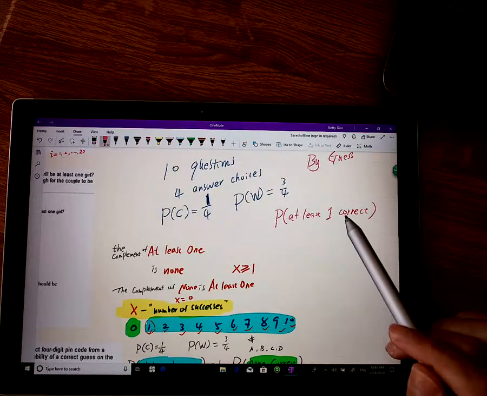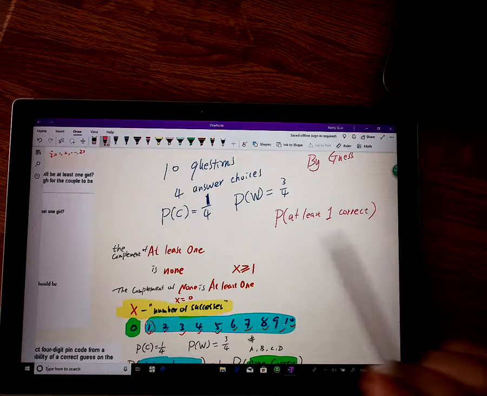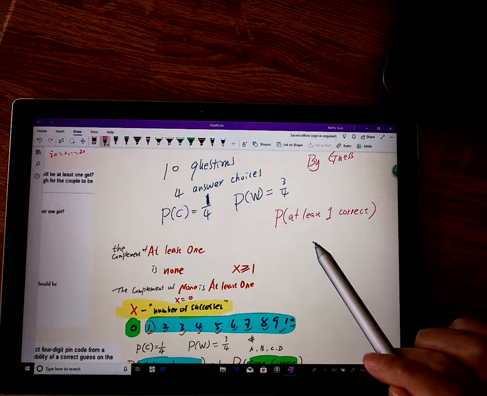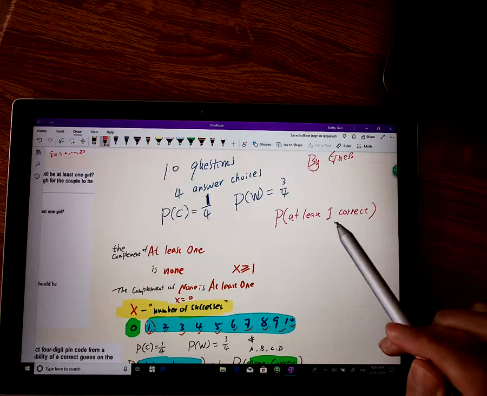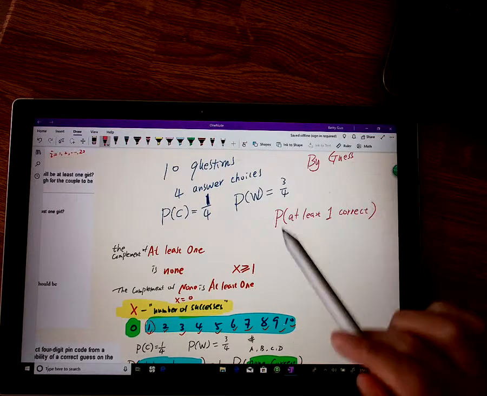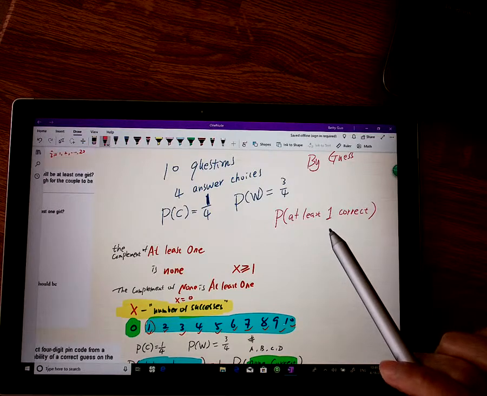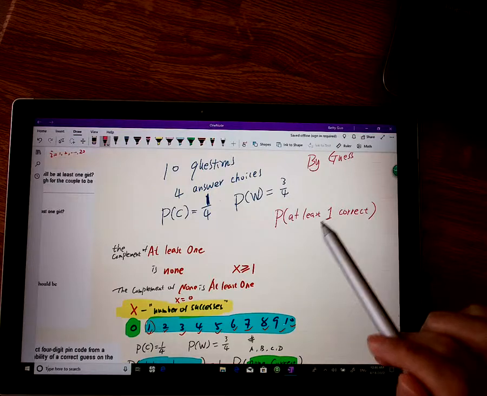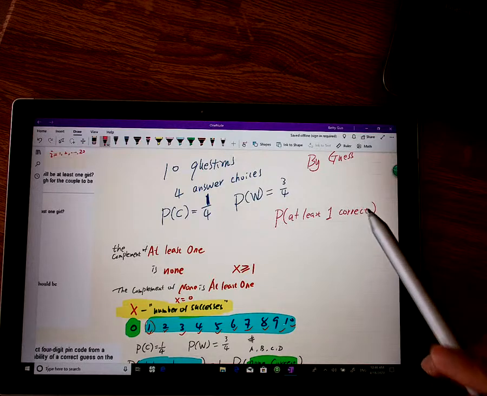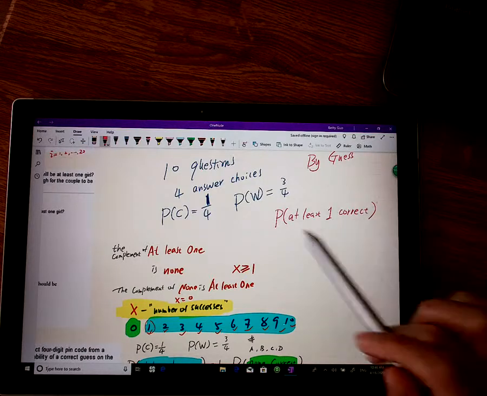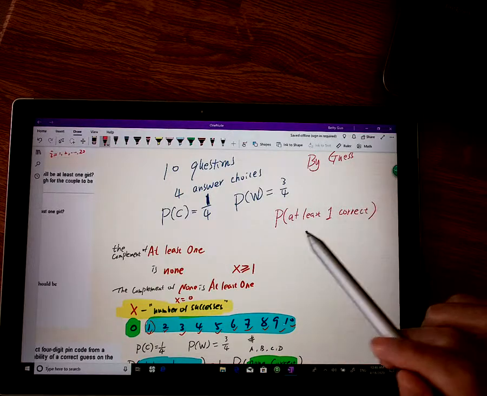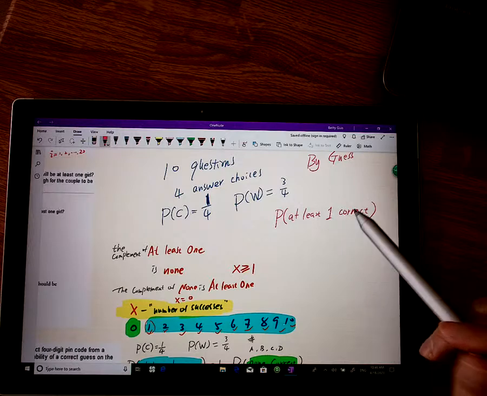The 2 correct may be the first 2, the last 2, any 2 among the 10. This result also includes you get exactly 3 correct, any 3 of the 10. It also includes you get exactly 4, exactly 5, exactly 6, exactly 7, 8, 9, or if you are lucky, 10 correct, right? Do you see how complicated this result is?